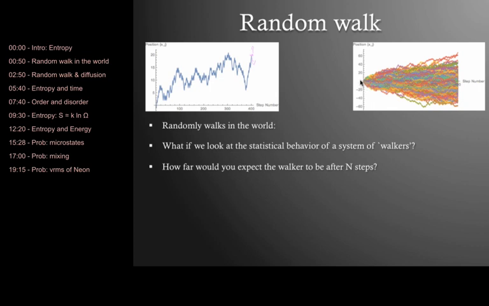We can ask, how far on average do we expect things to move? You would be right in saying that on average, it's not going to move. If the whole system isn't moving to the right and things have an equal probability of moving to the right and to the left, after n steps we're still going to be right back where we started, on average, for a whole system of walkers.